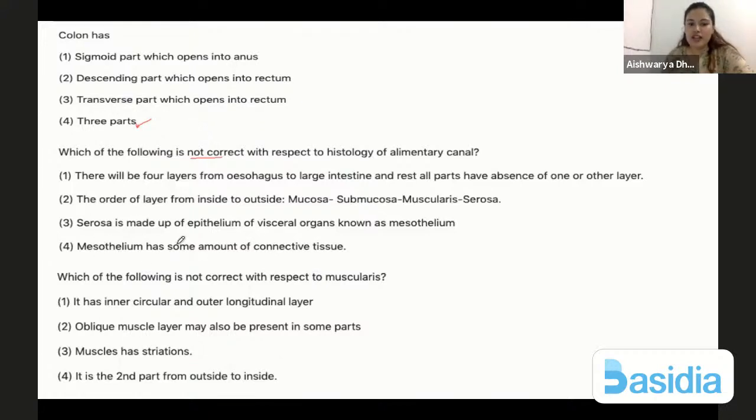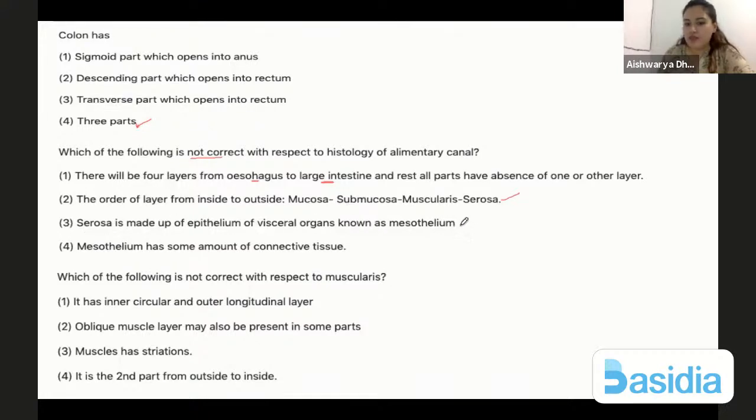Okay, so if you look at this, there will be 4 layers from esophagus to large intestine. Rest all parts have absence of one or other layers. Order of the layer is correct. Outermost is serosa, then we have muscularis, submucosa, and mucosa.